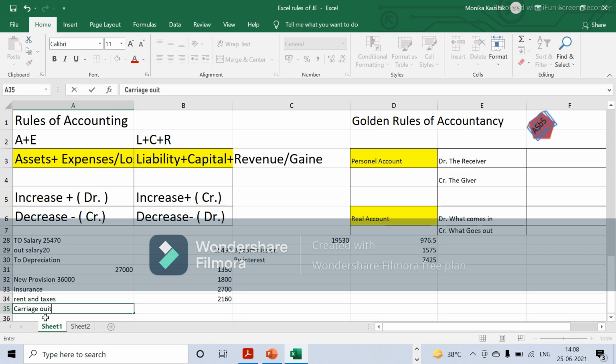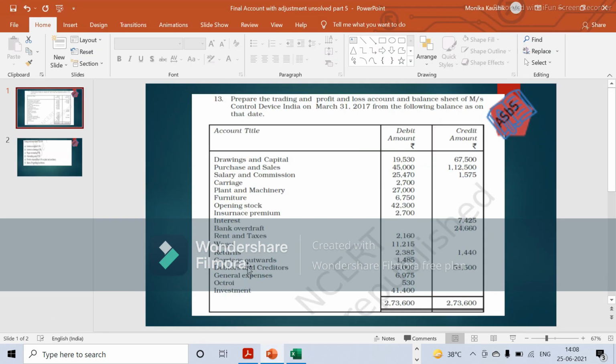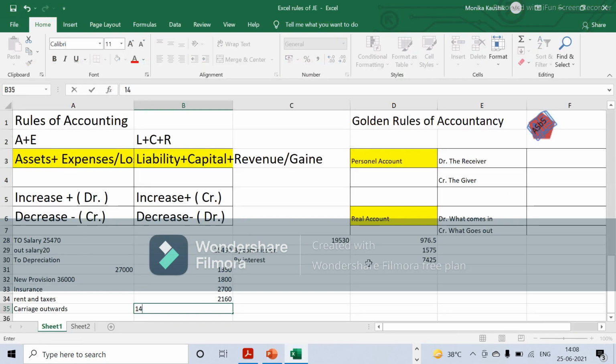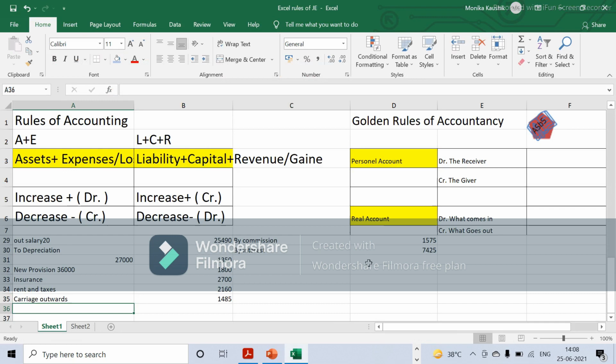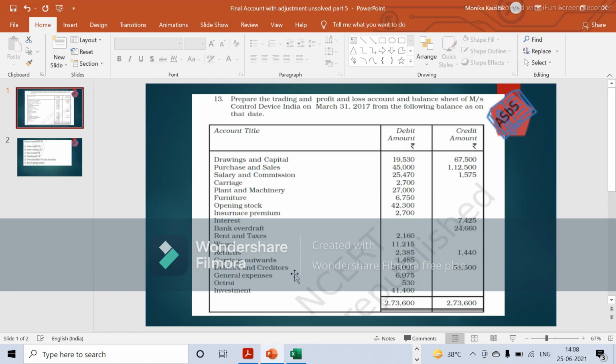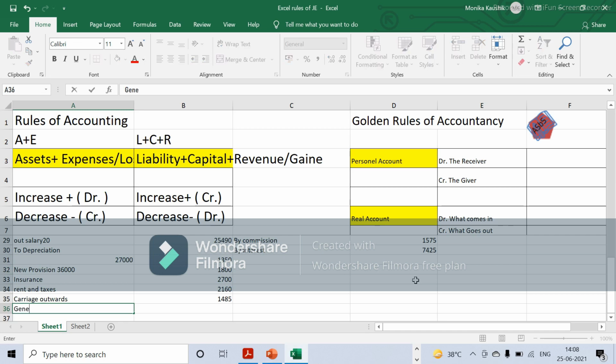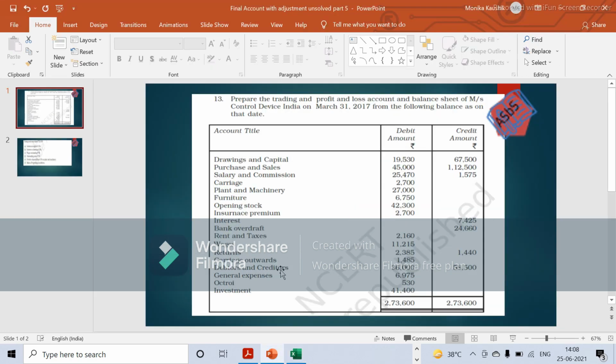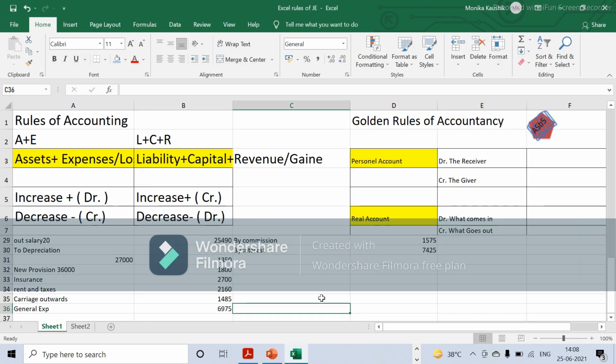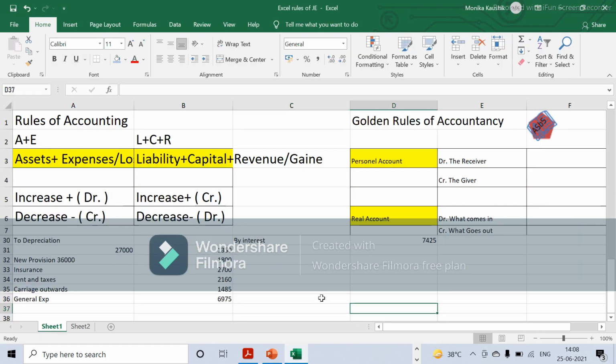Carriage outwards 1485. Debtors, creditors, balance sheet items. General expenses 6975. Octroi done. Investment is part of assets, so that's an asset. So that's it for profit and loss account.